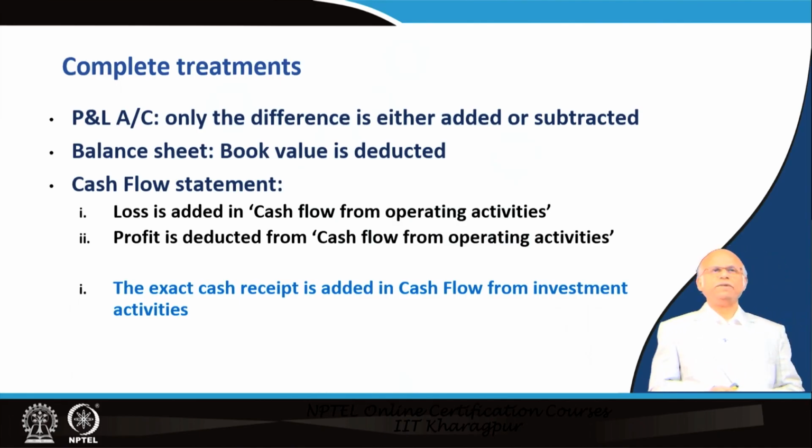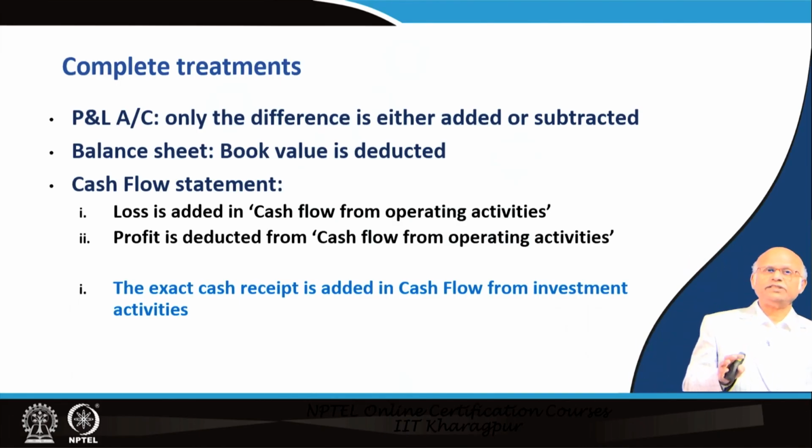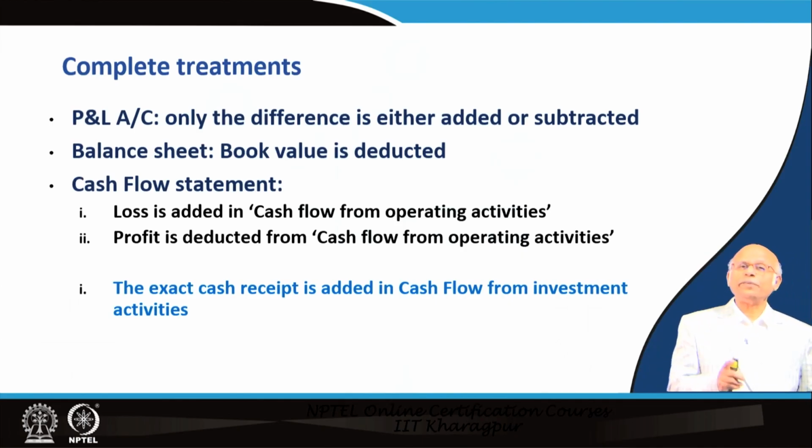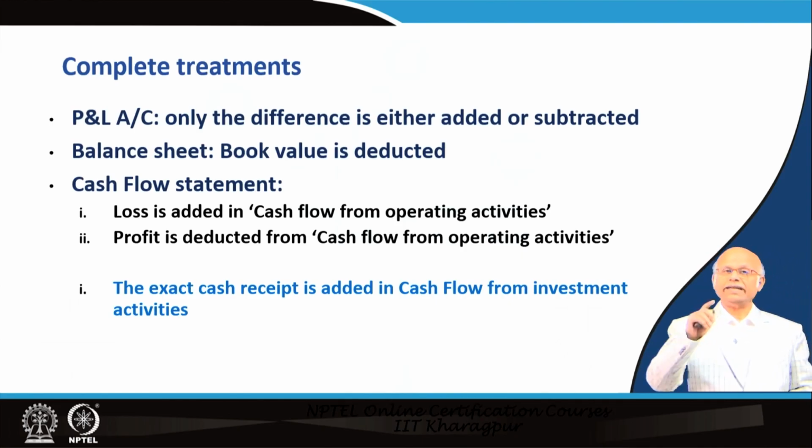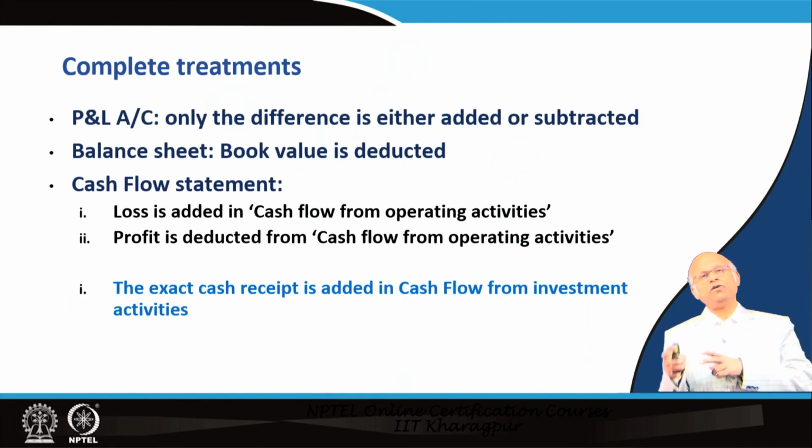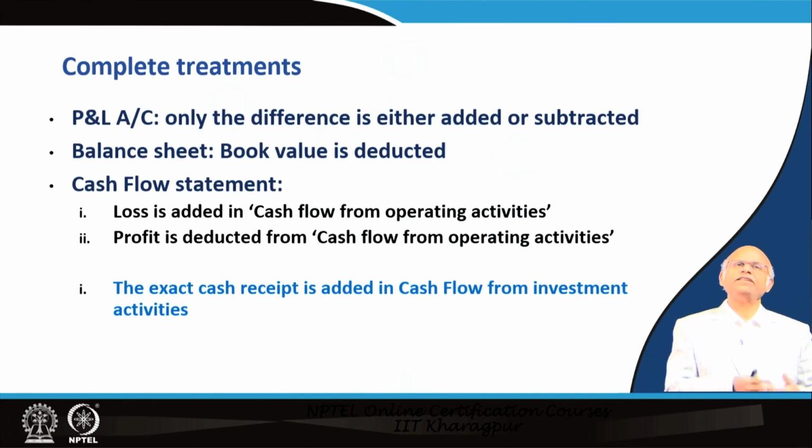In cash flow statement, cash flow from operating activity will be affected, cash flow from investment activity also will get affected. Two things will get affected. One is, if you are losing money, in the cash flow from operating activity, it is to be added, because you have already shown a loss. Now, again you are showing it, adding it as positive cash flow, so that they get neutralized.